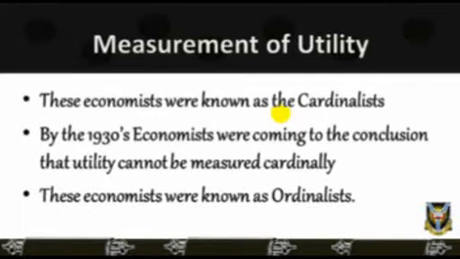In this case, only ordinal numbers, first, second, third, etc., can be used to rank bundles of goods, and this shows nothing about the absolute difference between the two sets of goods.